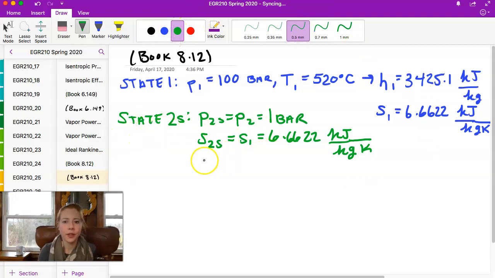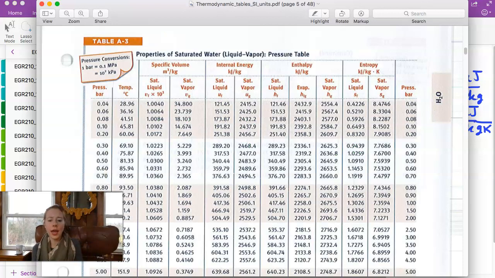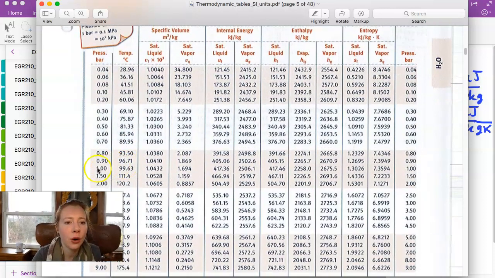And that means once we have found that, let me pause it. I'm going to pull up the property table so we can look at this piece together, since this is something we've never done before. So here we are looking at our property tables with respect to pressure. We know our pressure is 1 bar at state 2s.